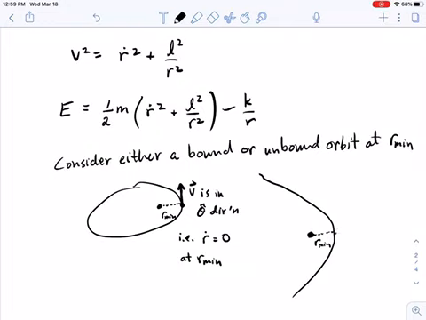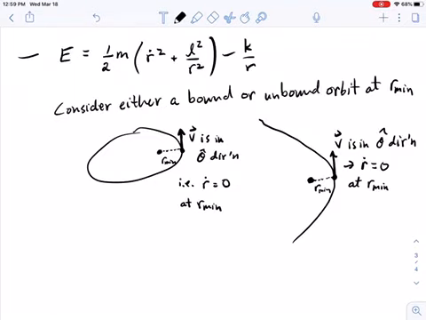And the same thing is true even if the orbit's unbound. So whether the orbit's bound or not, the result here is the same. V is in the theta hat direction. R dot is equal to 0 at r minimum. Okay, so if we go back to our energy expression, E is constant everywhere in the orbit.